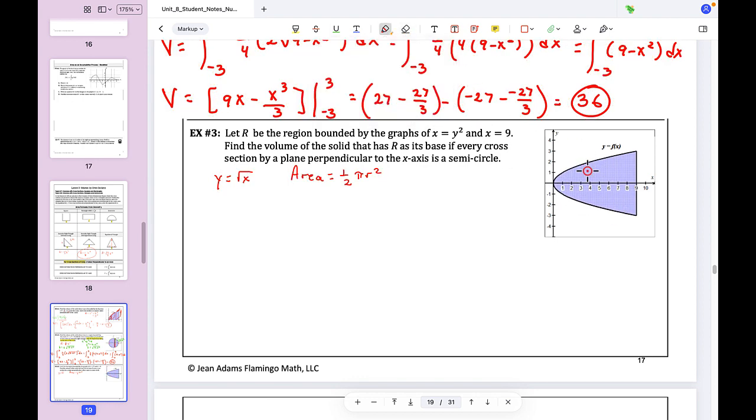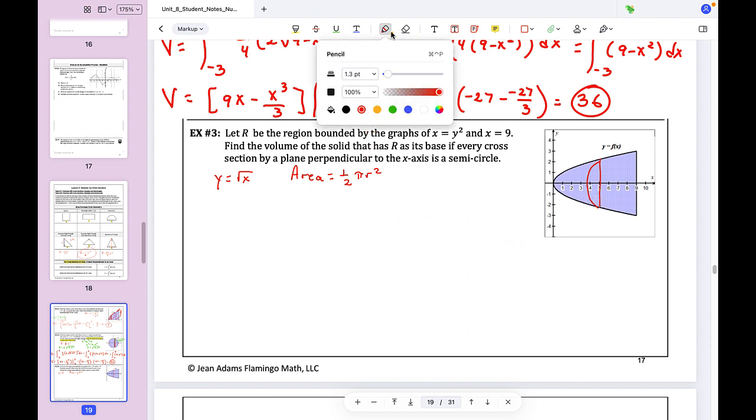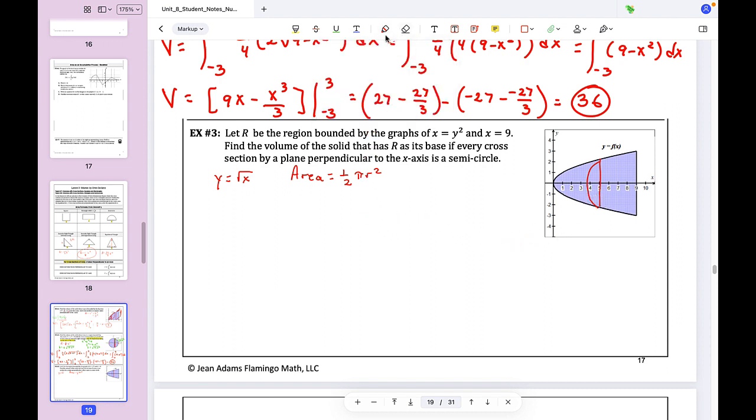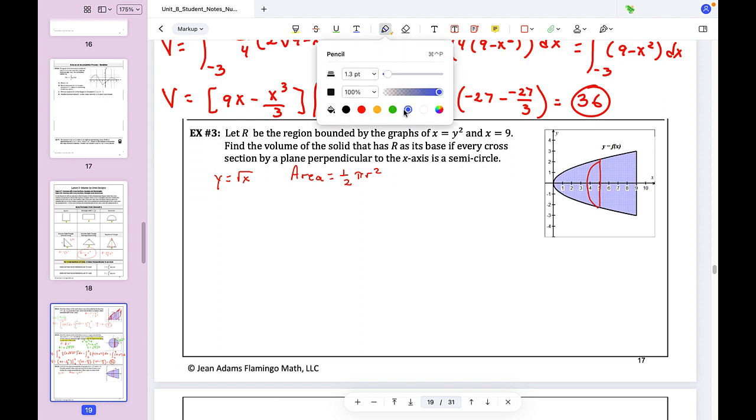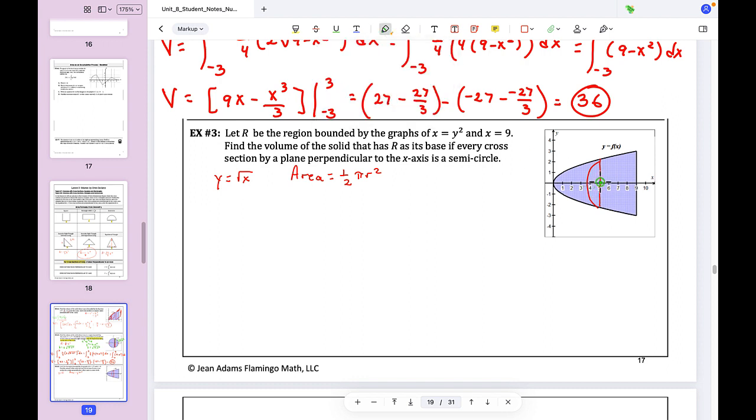So here's my semicircle here. If you look at that, you can see that r is going from the x-axis up to the curve itself. So r is actually the square root of x. This curve represents the square root of x.